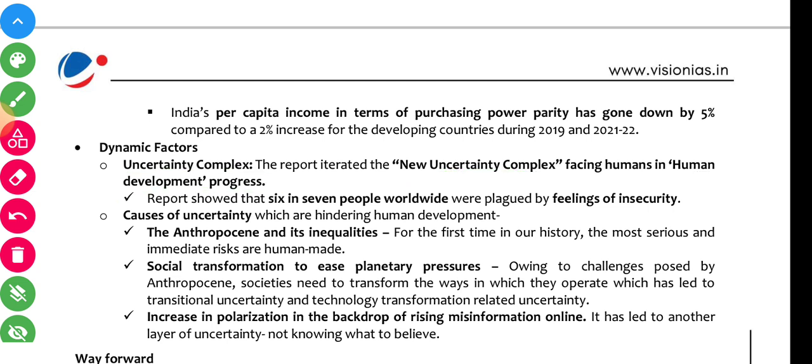The report showed that 6 in 7 people worldwide were plagued by feelings of insecurity, causes of uncertainty which are hindering human development. The Anthropocene and its inequalities: for the first time in our history, the most serious and immediate risks are human-made. Social transformation to ease planetary pressures. Increase in polarization in the backdrop of rising misinformation online. So these are the dynamic factors related to the human development index.